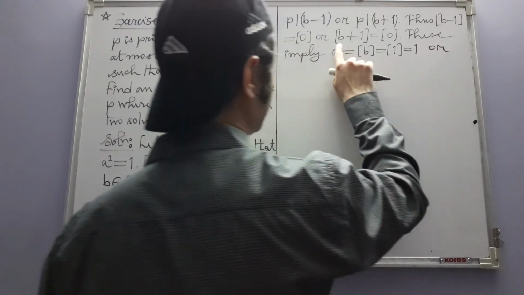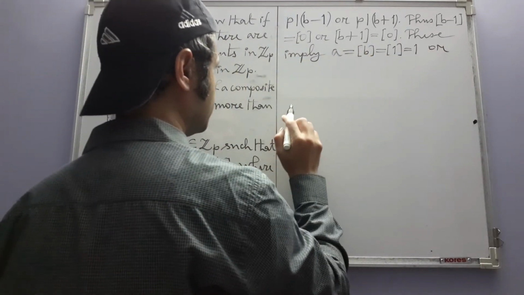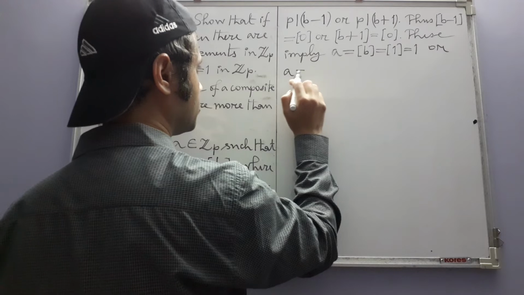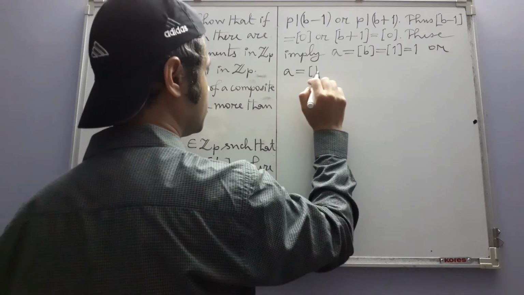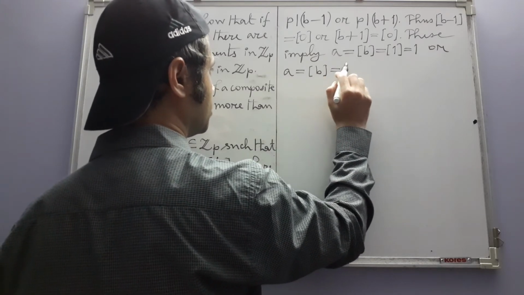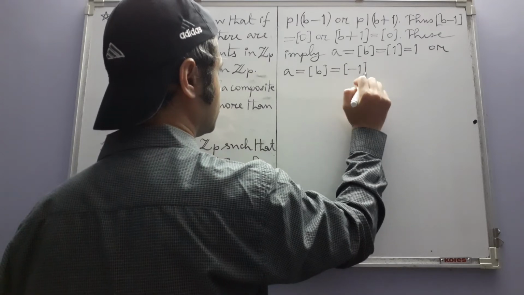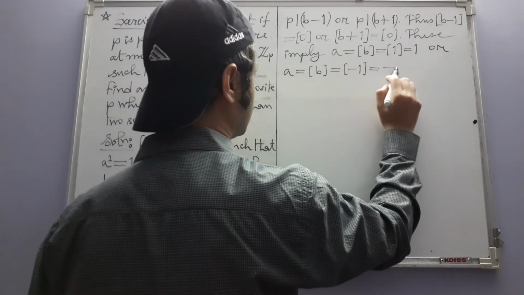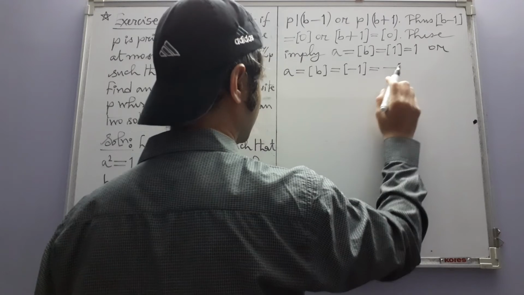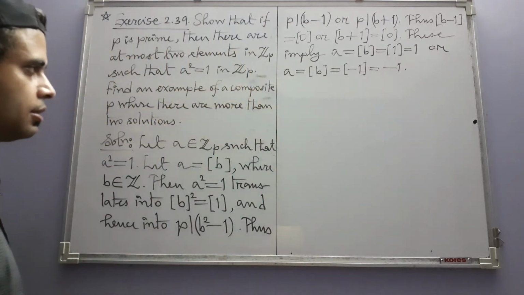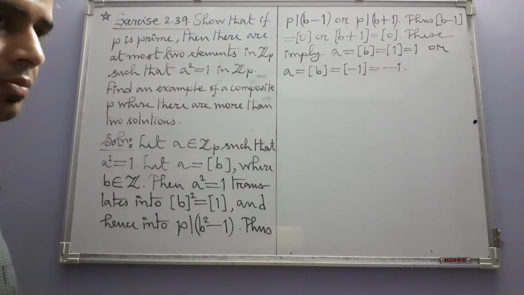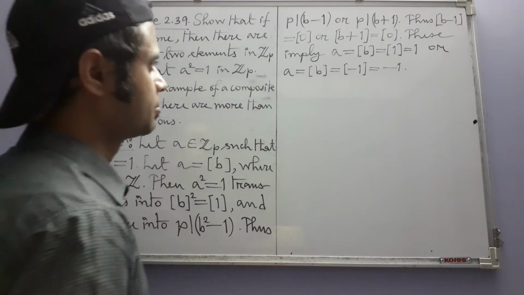Or if you use this one, then you get A equal to this equal to minus 1, which is minus 1. Minus 1 in Z_P has to be interpreted as P minus 1.